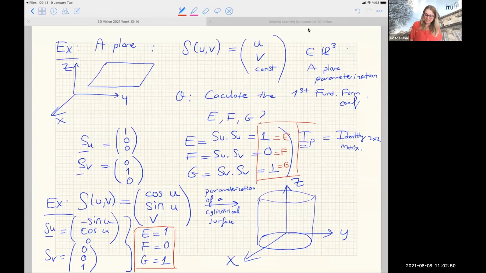So actually, a cylinder has the same first fundamental form as the plane. So in terms of curve lengths, areas, and in terms of the Riemannian metric, think of a cylinder: you can open it up, unroll it, it's a plane, right? So locally, it looks like a plane, but of course there is curvature.